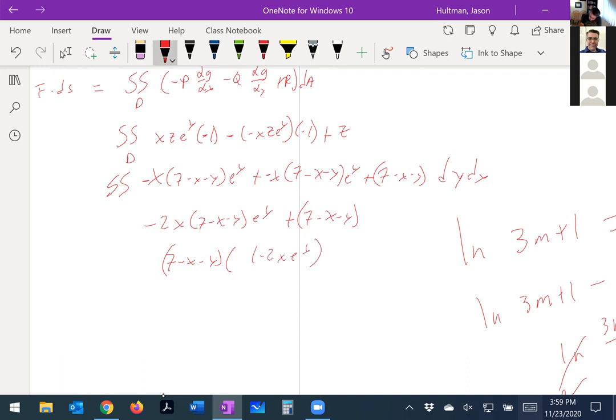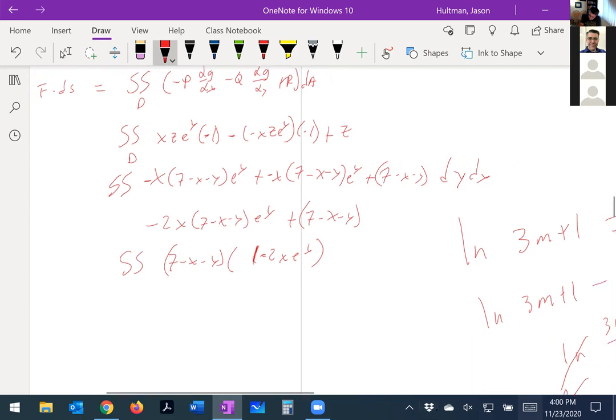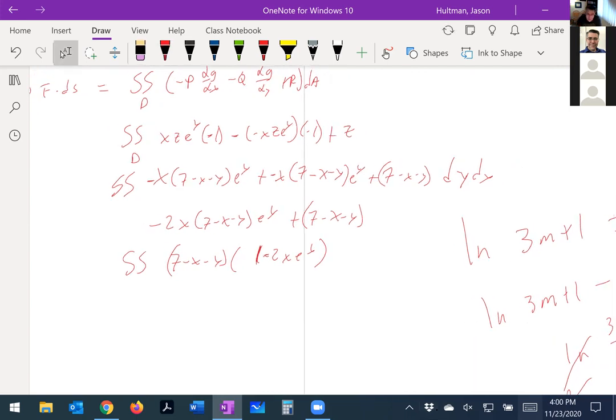I don't think that's going to help me. But whatever, then we could multiply all that out and integrate with respect to x and y.